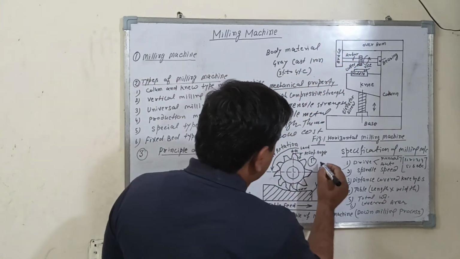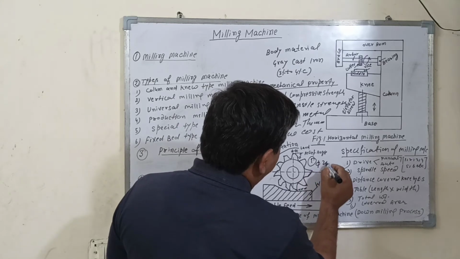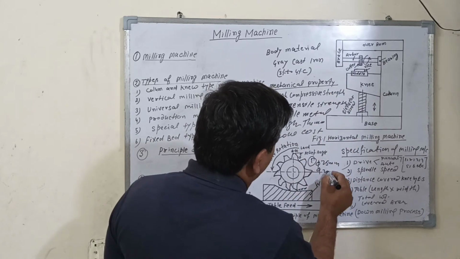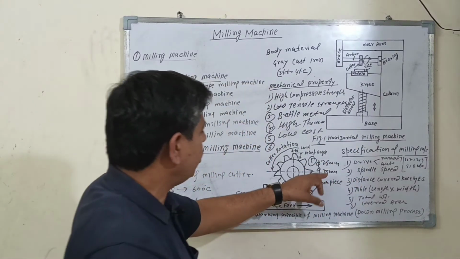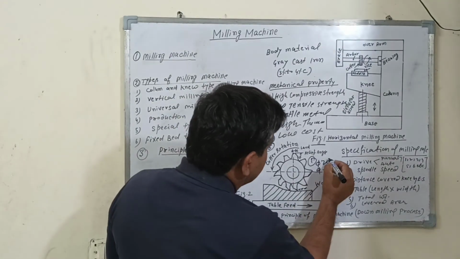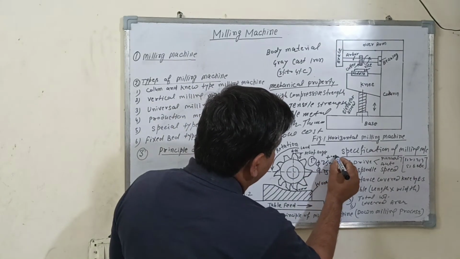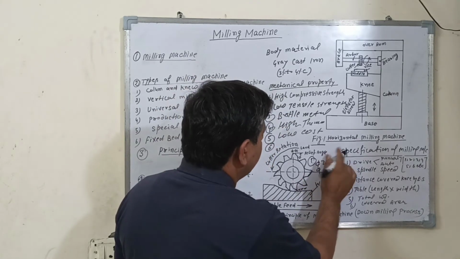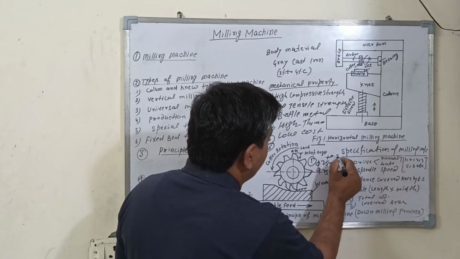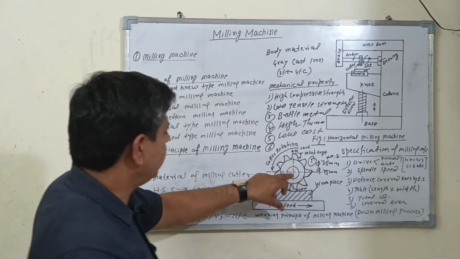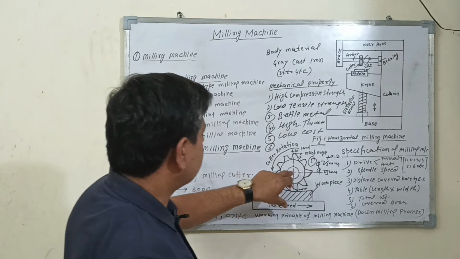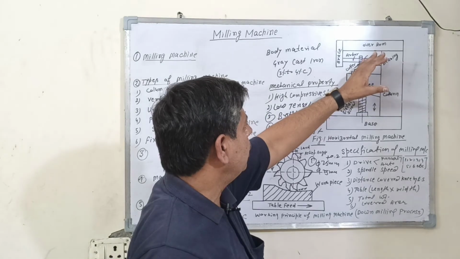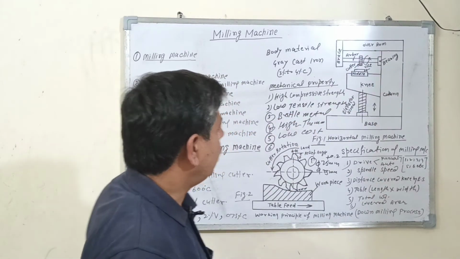If the diameter of the arbor is 25 mm, then the inside diameter of the cutter is 25 mm plus 0.02 mm. This clearance is given on the inside diameter of the cutter so that it can be inserted on the arbor.